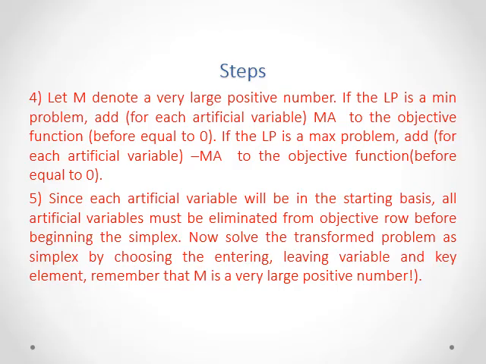In case of minimization, we will transform the objective function to the zero equation by subtracting the slack variables, negative s, adding coefficient equal 0 to slack variables, and by adding artificial variable a with the coefficient equal big M. Remember, the sign of the coefficient of s equal negative 0 and the sign of the coefficient of a equal positive M, actually big positive M. This is the min here.